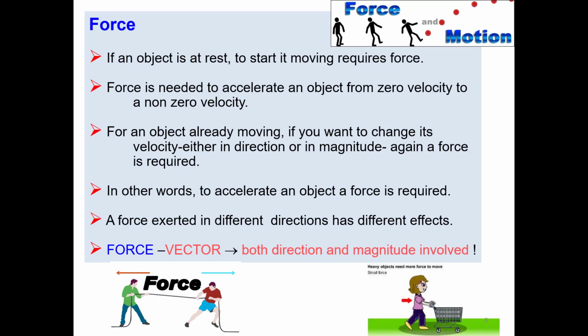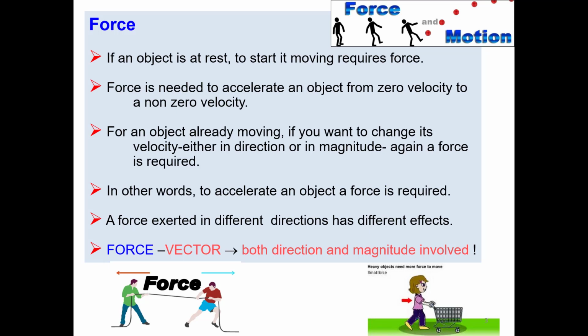What happens if we apply force to some object? If the object is at rest, then it starts moving. If we consider the initial velocity of the object to be 0 and afterwards it is moving, then the final velocity of the object is not 0.